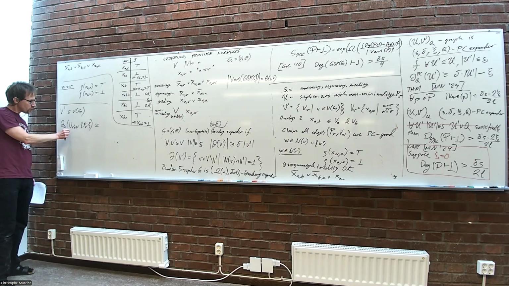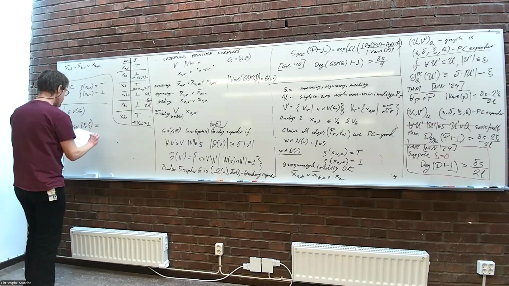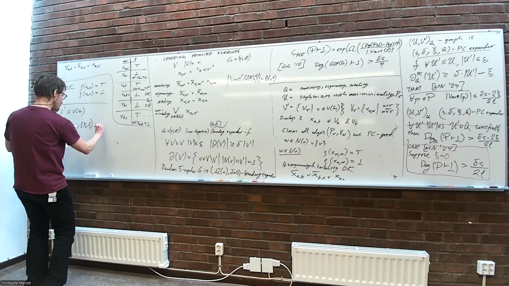Well, if W prime is a unique neighbor pair inside V, then definitely there will be no other PV that gets an edge to that. So, I'm not saying this really well. Let me try to write it down.